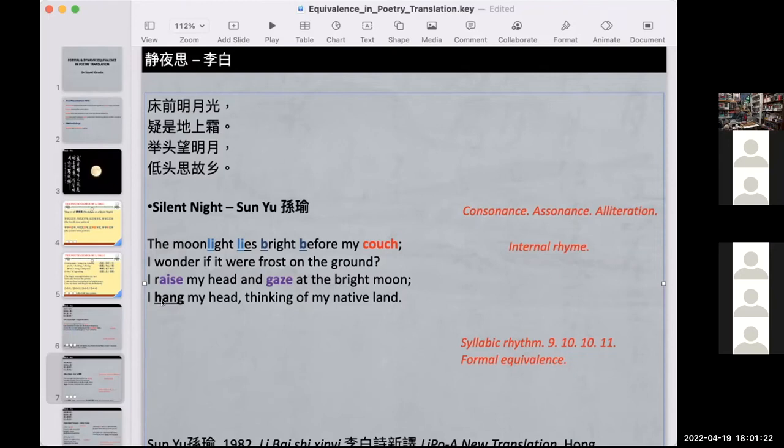Again, this is alliteration. All this creates musicality, okay?